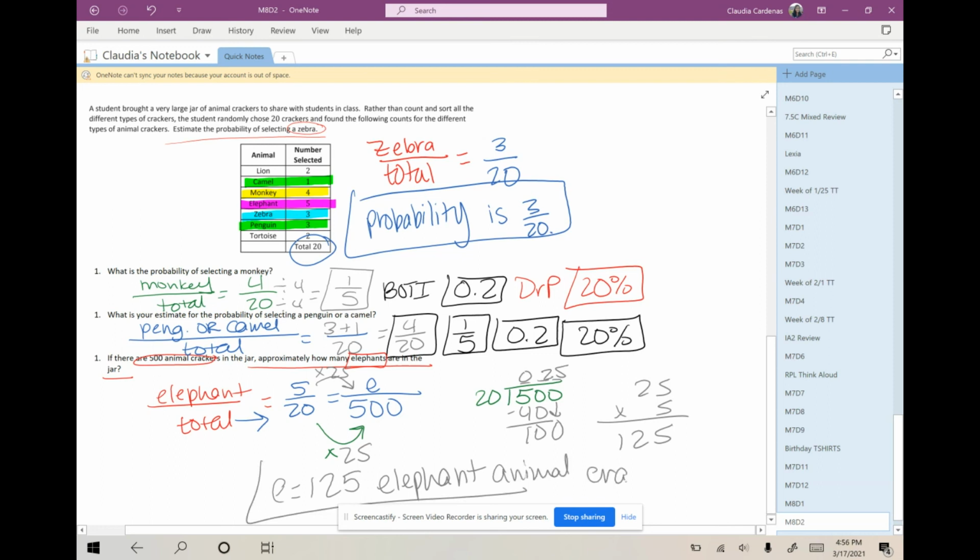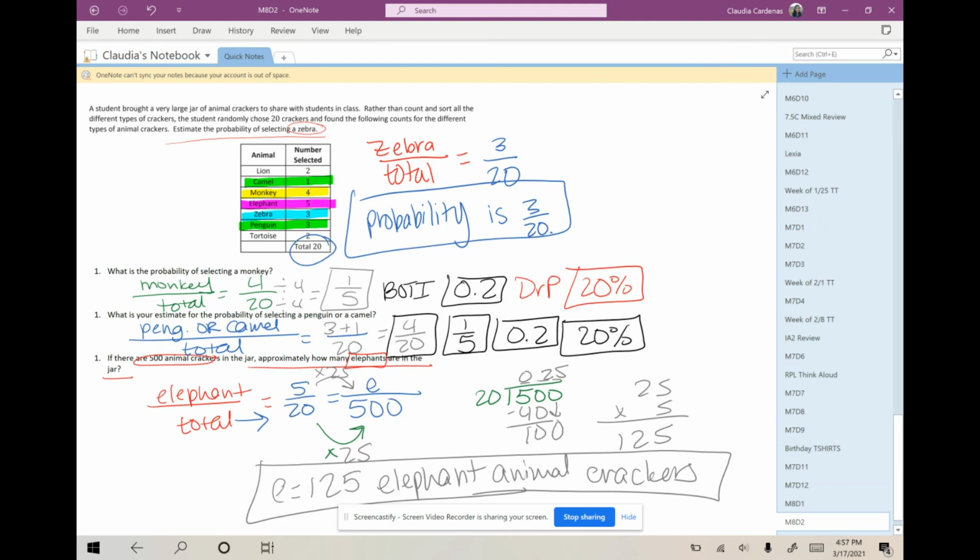And so this is another example of how we can use probability in a proportion in order to create equivalent ratios. Remember, we predicted that there would be 125 elephants because this would keep the ratio of elephants to the total number of animal crackers the same as the one we have in our table.